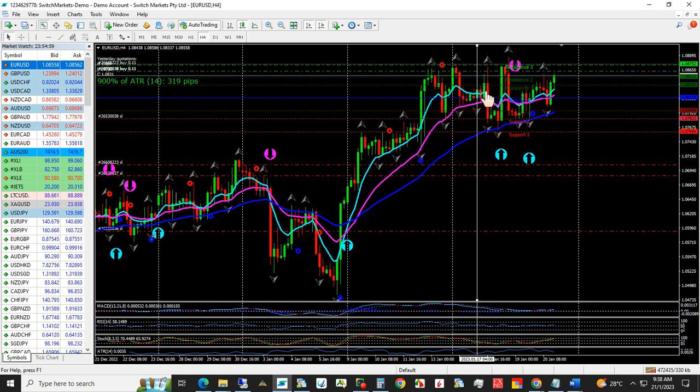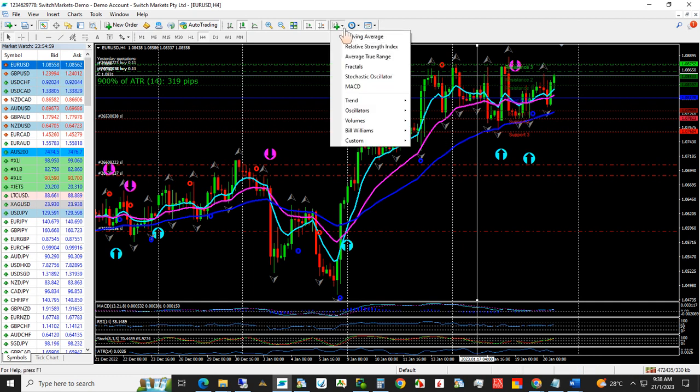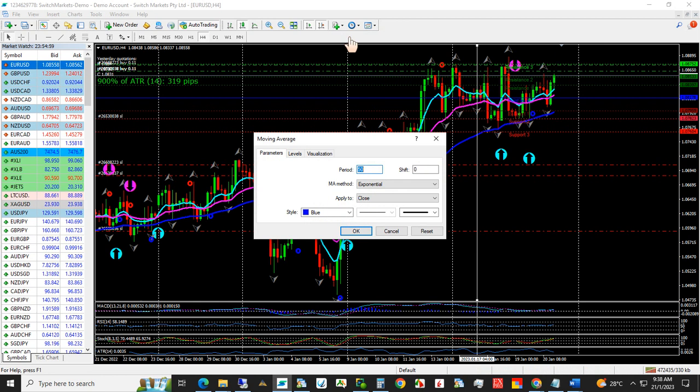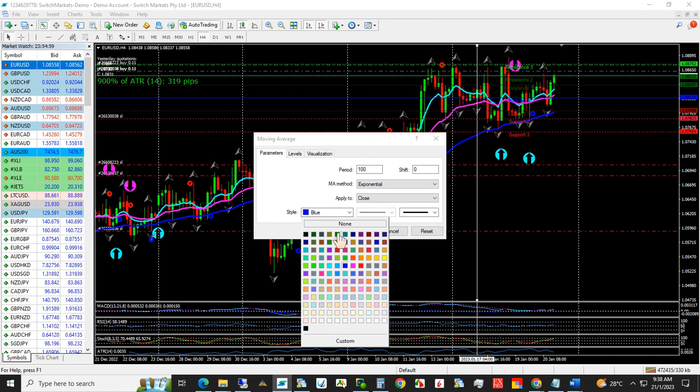And there's a high probability that price could pull back to support. Now, I'm going to also add the 100 period on this line. I want to put this in green.